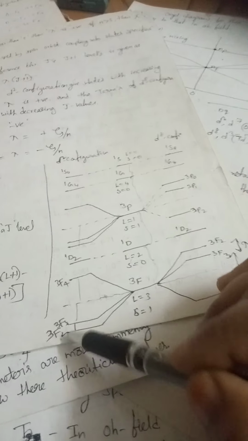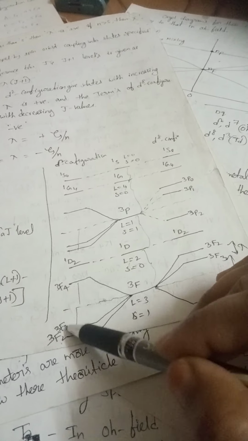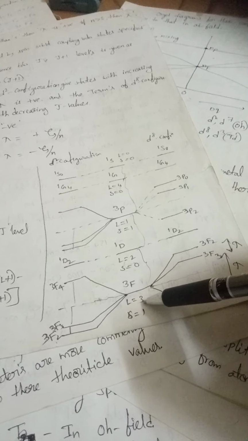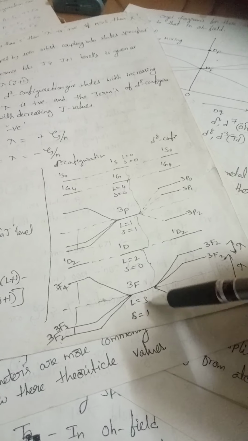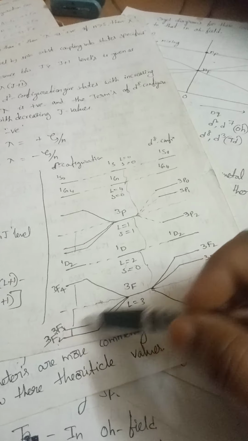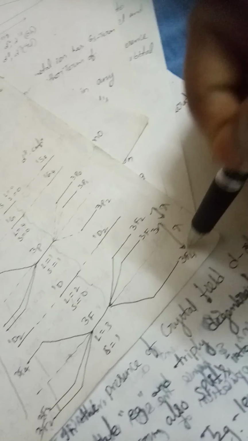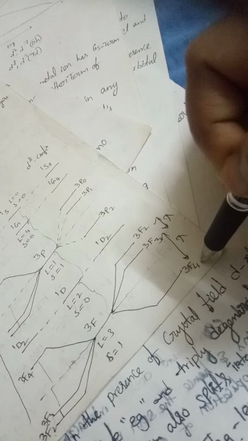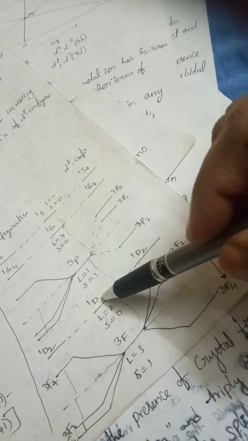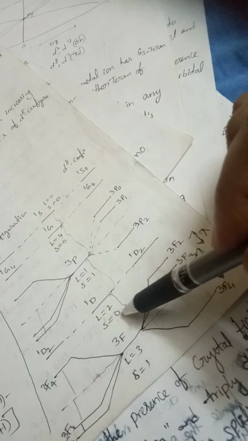In the d2, the least J value is the ground state, so you write like this. Again the term letters, where L is 3 and S is equal to 1: 3 plus 1 is 4, 3 plus 1 minus 1 is 3, 3 minus 1 is 2. Whereas for d8 the highest J value is the ground state, 3 plus 1, which is 4, the highest J value for the d8 configuration, next 3, 2, whereas singlet D, where L is equal to 2 and S is equal to 0.